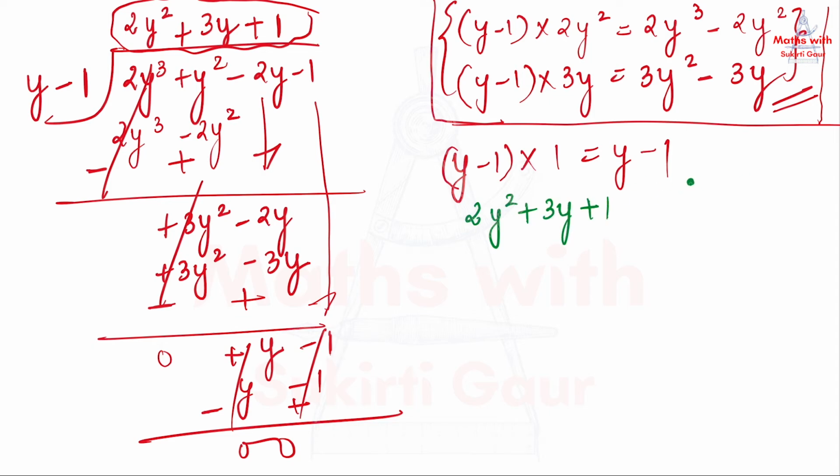Our first step is to multiply the first term with the last term. We are getting 2y square. We have to find those two numbers from which we will be splitting the middle term.